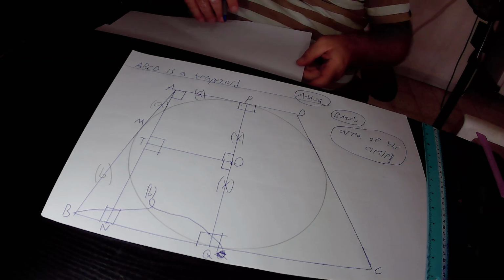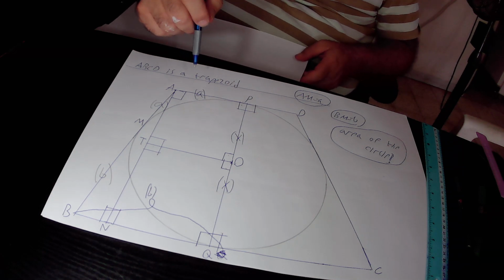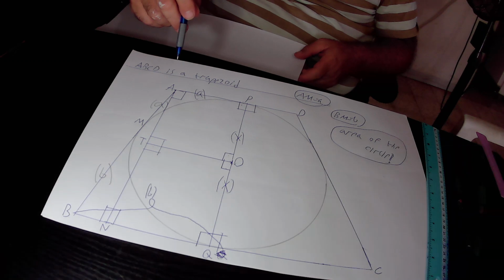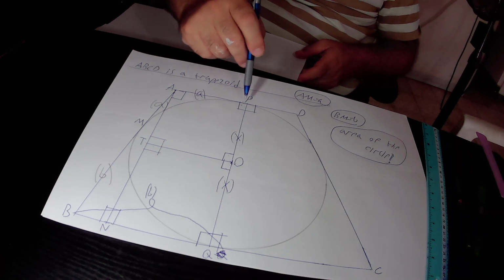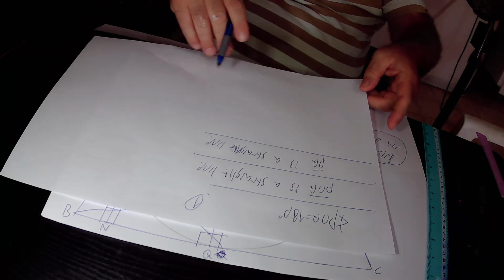So in shape APQN, this shape APQN consists of 4 sides: 1, 2, 3, 4.